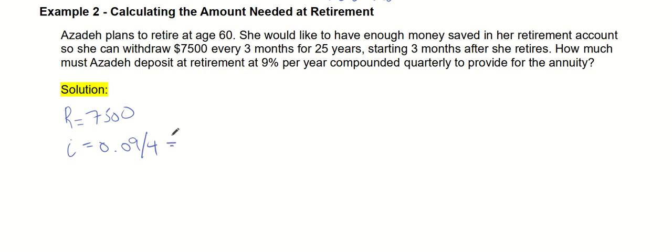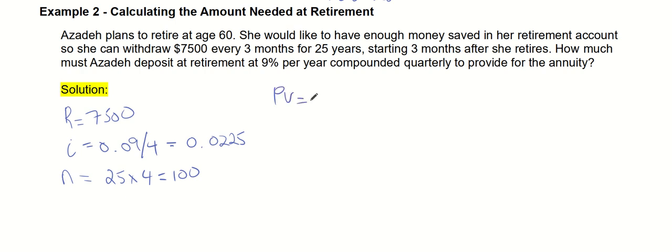What we get is 0.0225. And n, the time frame, is 25 years, done quarterly, so it's pulled up 4 times per year. That should be 100. Now we have everything we need.